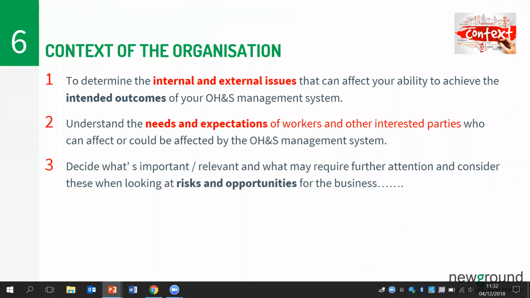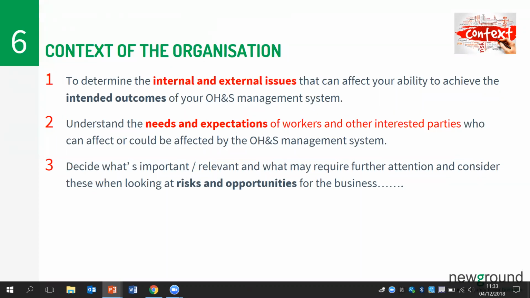So if you remember what I said was meant by intended outcomes, it's things like preventing work-related injury and ill health, the provision of a safe and healthy workplace, continual improvement in your safety performance, fulfillment of your legal obligations, and achievement of your objectives. So what you need to do is determine the issues that could affect your ability to achieve these outcomes.